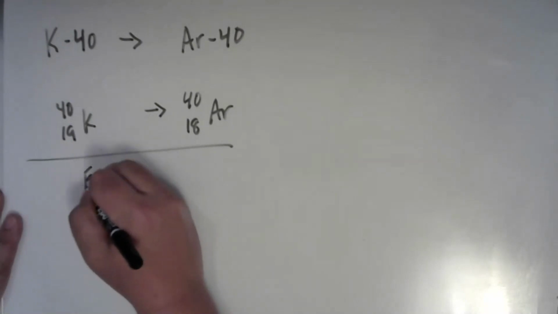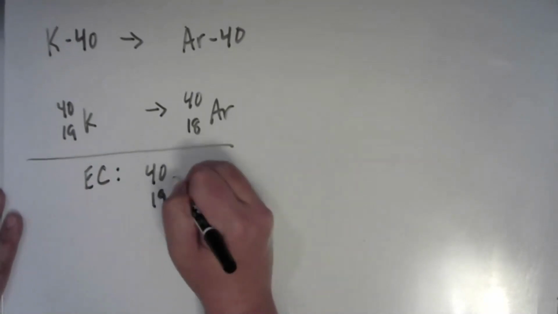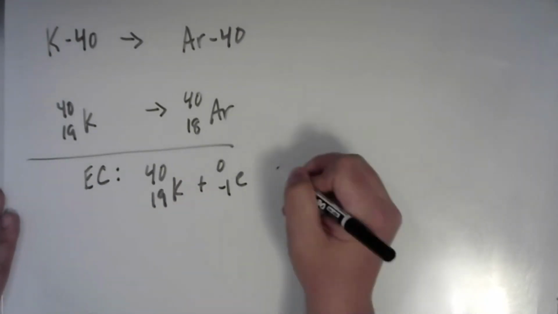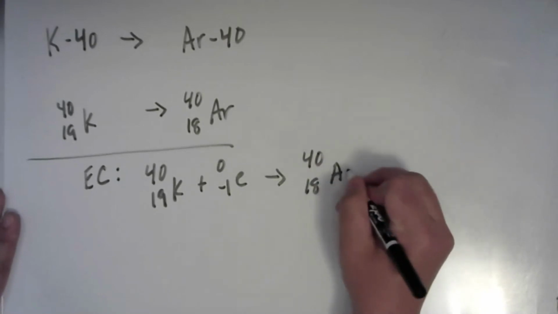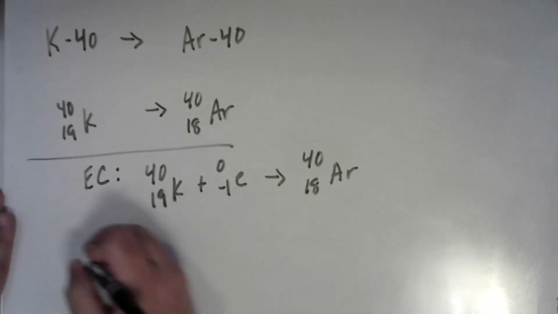For your electron capture, you'd have 40, 19 potassium, and it's going to be grabbing an electron, and that's going to leave you with your argon 40 isotope.